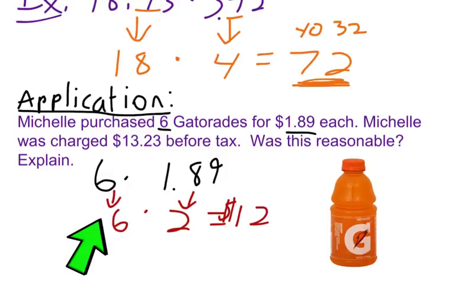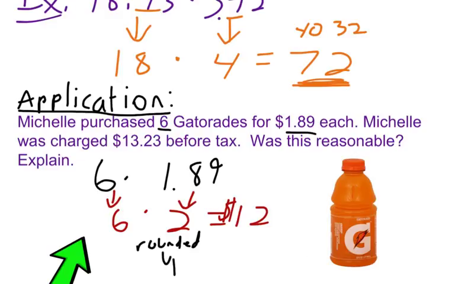Now keep in mind, what did we do with that $1.89? We rounded it up. So I'm going to make a note that this was rounded up. That means that this number is also rounded up.